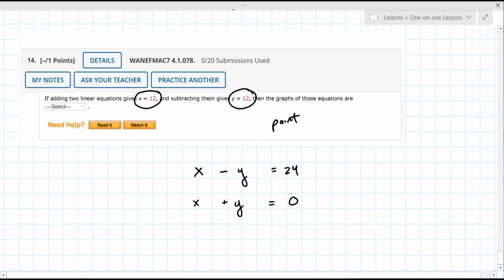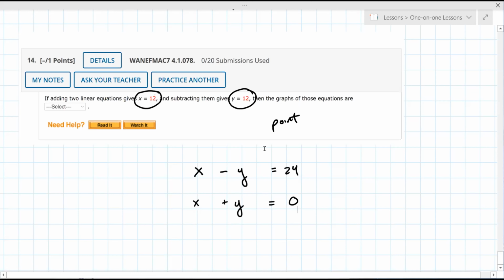So if you add them, you get x equals 12. And if you subtract them, minus y, we can change the order. This is very odd. I was just coming up with this.